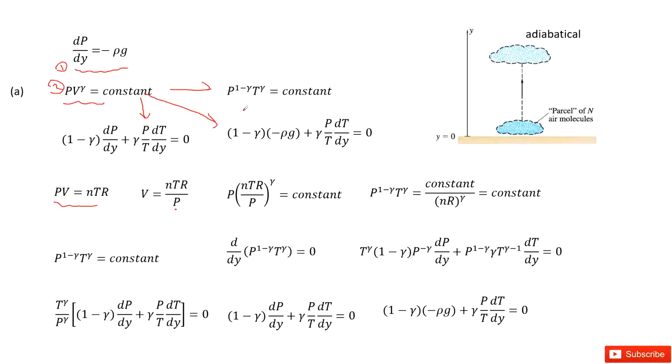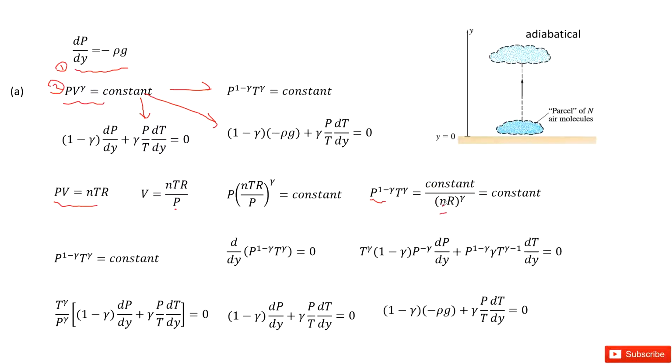So we organize it. We write the P outside. So this is P to the negative gamma. So we can write it as P^(1-gamma) and T^gamma. And then we put the (nR)^gamma outside to the right-hand side. So it becomes a constant over (nR)^gamma, right?